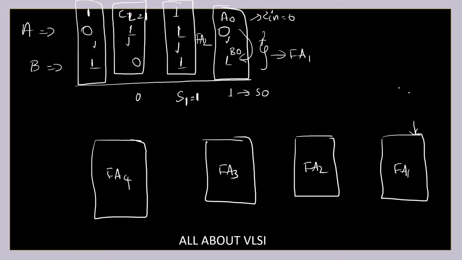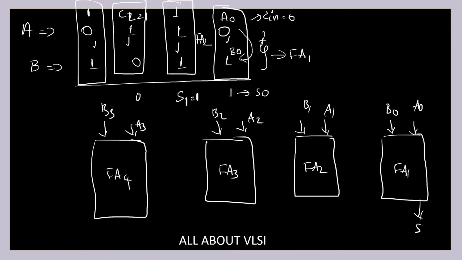I'm going to give this is A0 LSB, and this is B0 LSB, A1 and B1, and I'm going to give A2 and B2, A3 and B3. From here, I'm going to get my S0 and C1. The carry is given to the second stage. You can see the carry which was generated was given to the second stage.